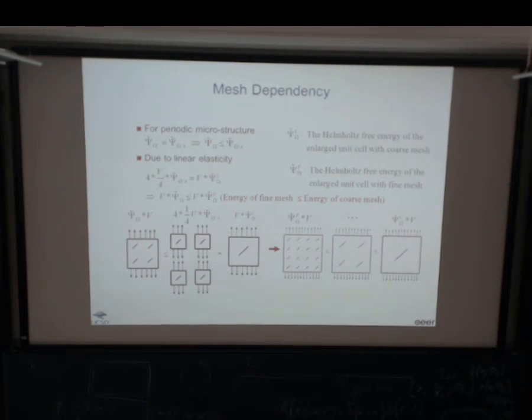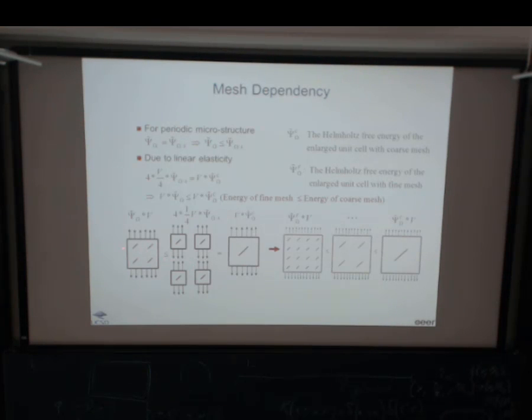What I'm trying to say here is that you will never converge. For a given mesh, suppose this is a mesh, and you use a damage law. The damage law is assigned to one mesh. From the relationship between the damage law and the underlying crack, I assume there's an underlying crack pattern that corresponds to that damage law.